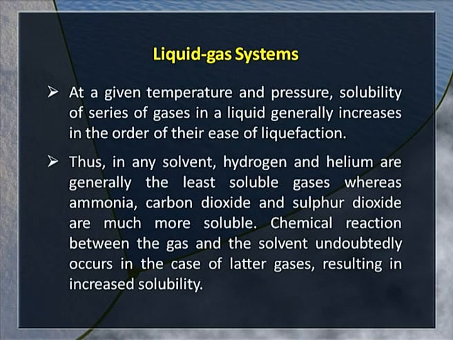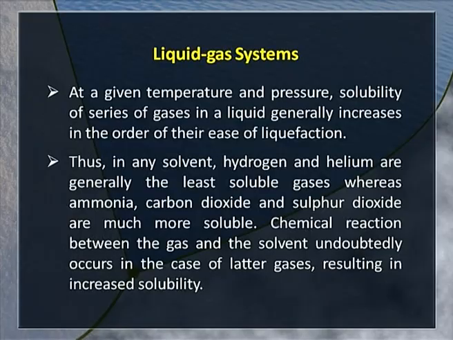So, hydrogen and helium, being the smallest of the molecules with very low intermolecular force of attraction, show minimum solubility or the lowest solubility among the gases, whereas easily liquefiable gases like ammonia, carbon dioxide, sulfur dioxide show very high solubility. In these cases, definitely there could be a chance of chemical reaction that is taking place between the liquid and the gases.